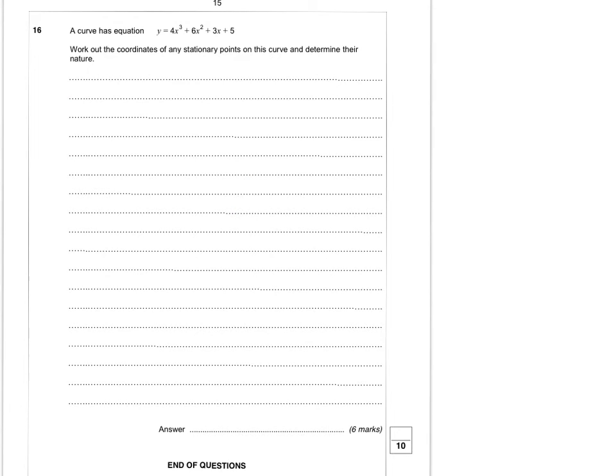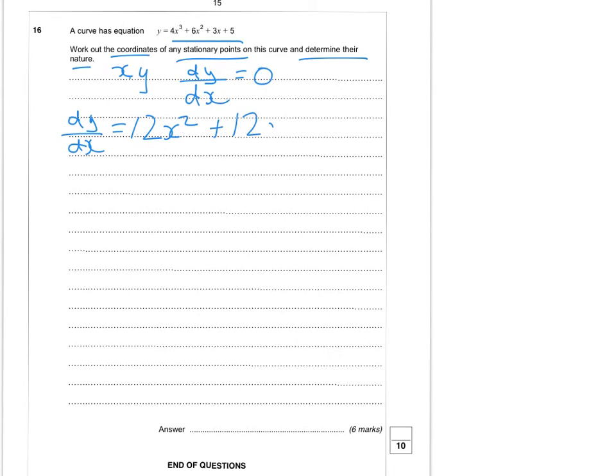A curve has the equation y equals 4x cubed plus 6x squared plus 3x plus 5. Work out the coordinates of the stationary points. So for stationary points dy/dx is equal to 0, and determine their nature. And its coordinates, so I need an x and a y. Okay, so dy by dx is equal to 12x squared plus 12x plus 3, that's equal to 0.